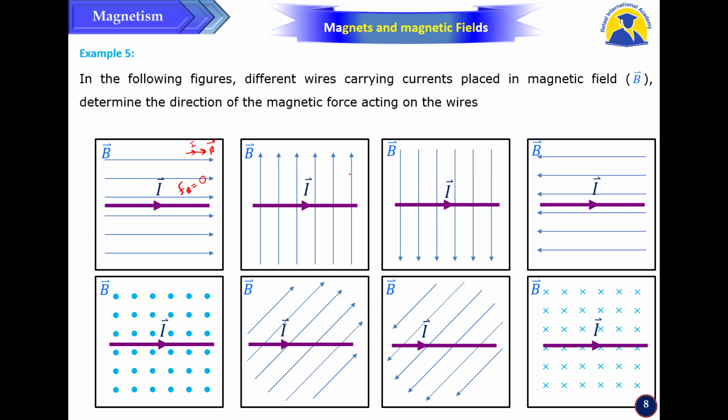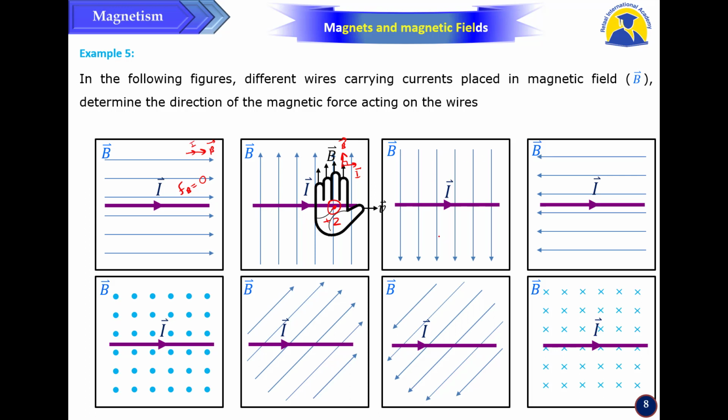The second case. The direction of magnetic field is positive Y. This one B. The direction of current is positive X. The angle is 90 degrees. So the direction of the force will be positive Z, which means dot or positive Z. This one, the direction of the magnetic force acting on the wire.